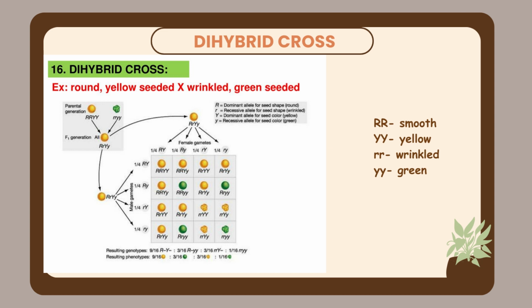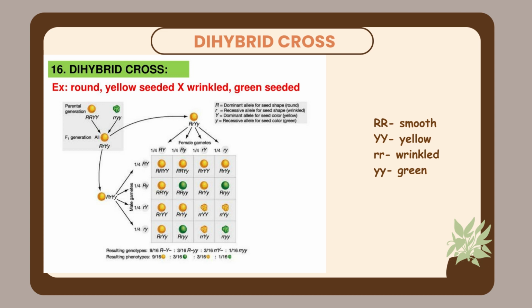So the phenotype is the round shape yellow and the other is the wrinkled color green. So the monohybrid is just one pair of genotype, while the dihybrid is composed of two pairs of genotype.